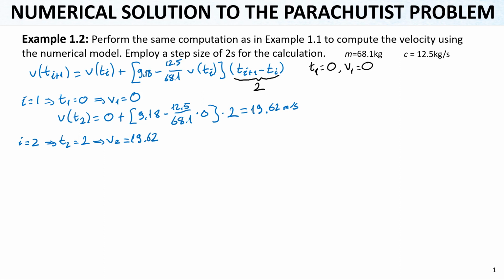Now we can calculate v(t3), which is equivalent to 19.62 plus 9.18 minus 12.5 divided by 68.1 times v(t2), which is 19.62, and the step size is again 2.